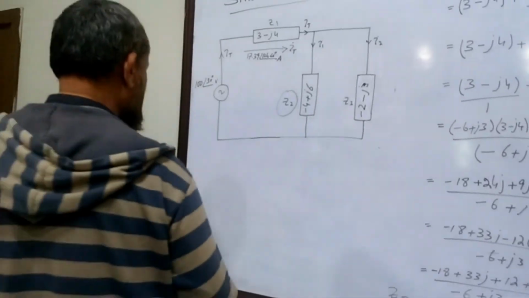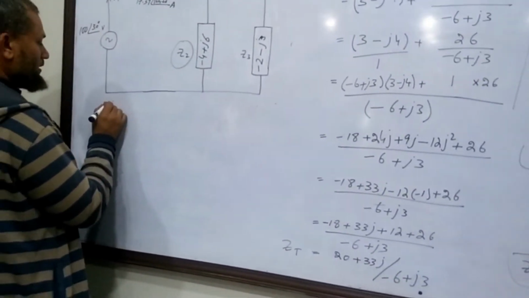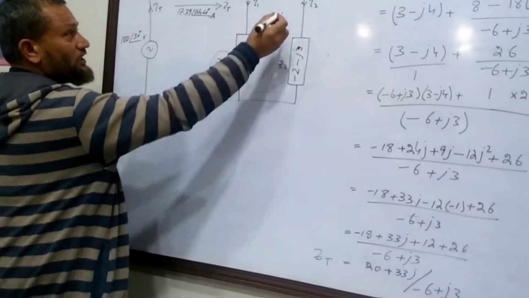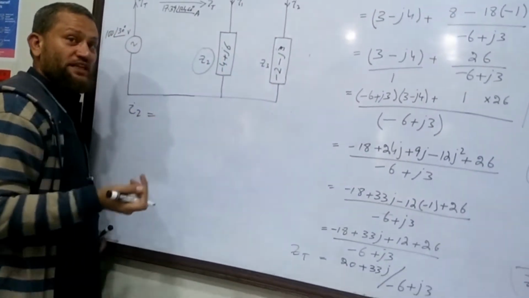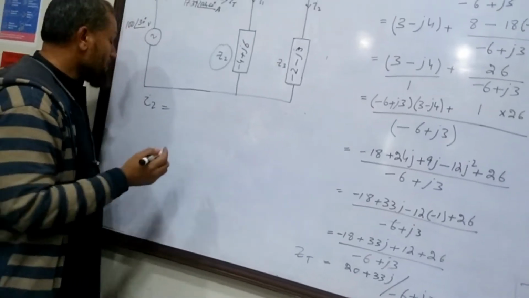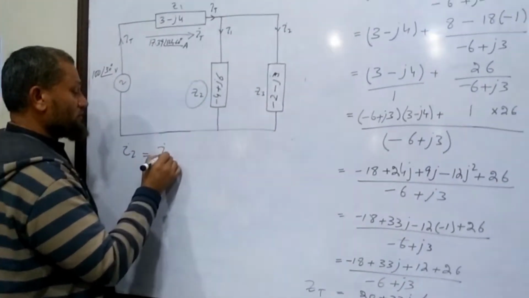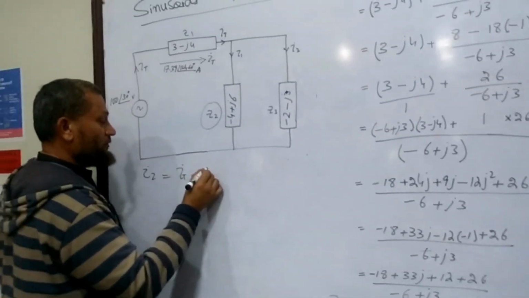How about I2? Use the KCL, Kirchhoff current law: I2 is I total minus I1.